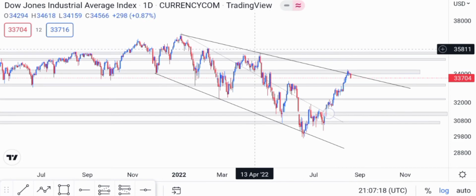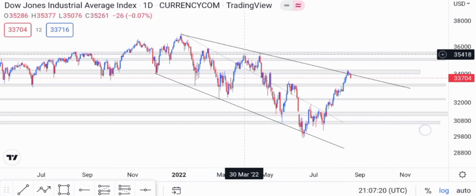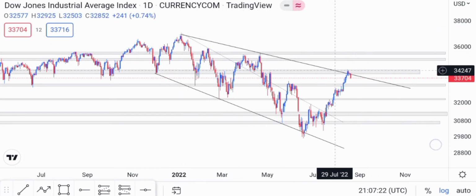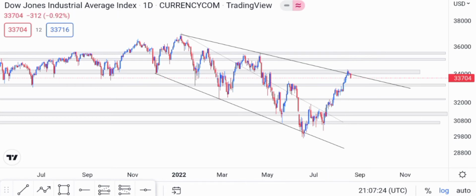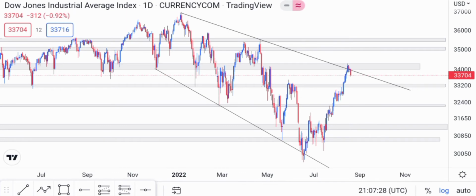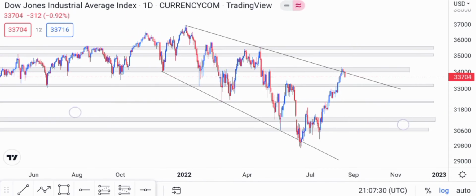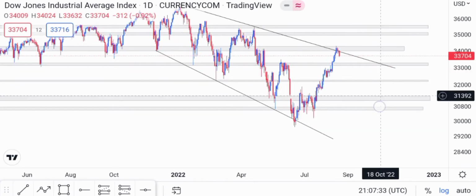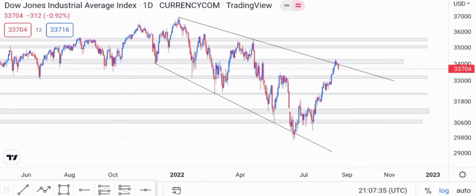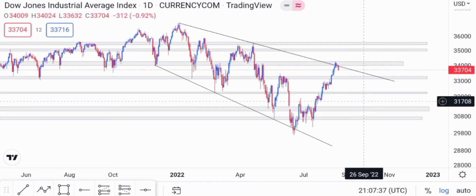So as you can see, we have our first touch right over here, second touch right over here, and this is our third touch right over here. And we are anticipating a push to the downward side. This kind of movement we saw also on NAS100, but we already saw that NAS100 failed to push downward a little bit. So we'll get into that.